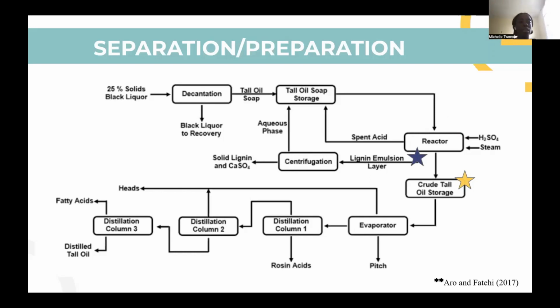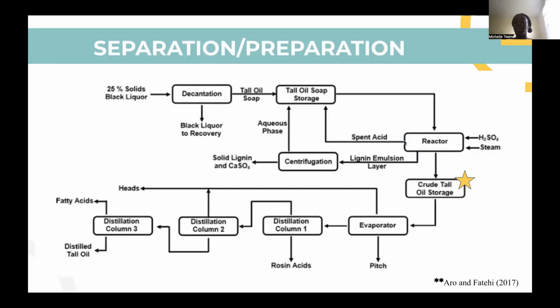The second type of lignin is the emulsion lignin, which can be put through another machine to get any leftover insoluble lignin out. And then our last of the 3 layers is the spent acid, which is just all the unreacted acids from the reactor, which is then put back into the tall oil soap storage.